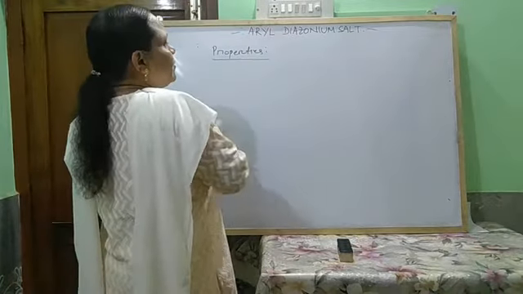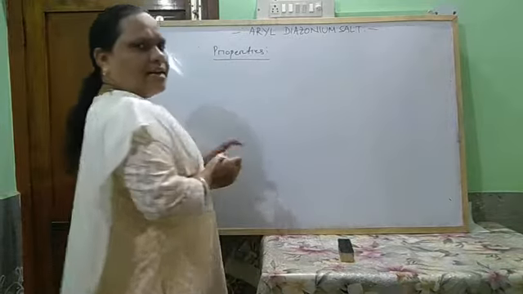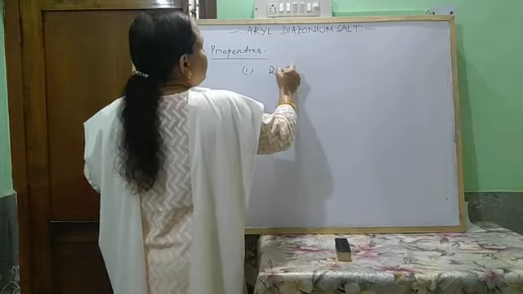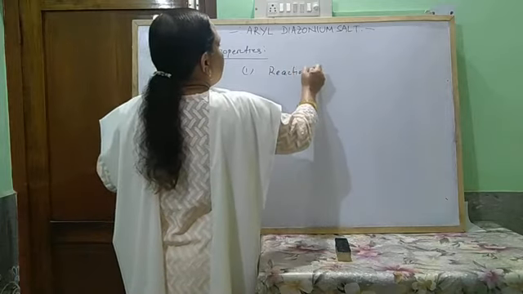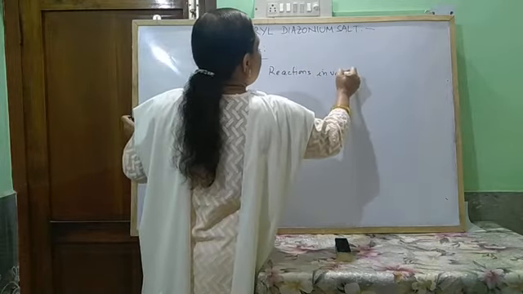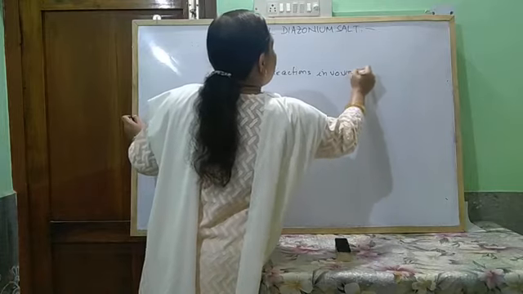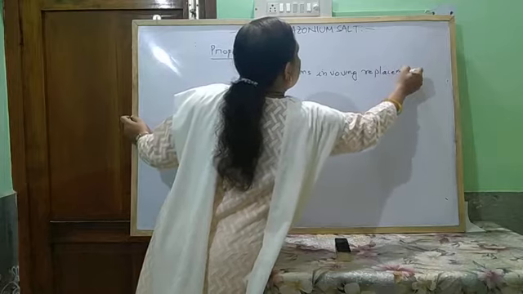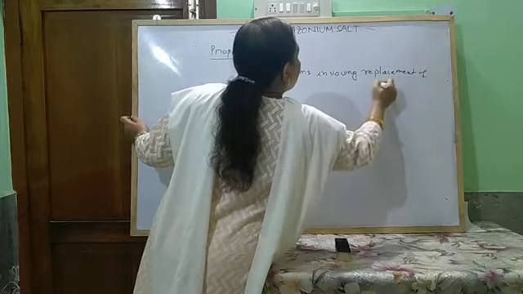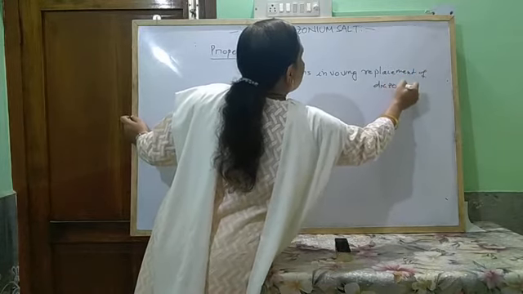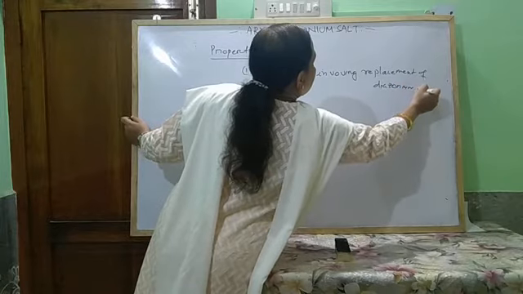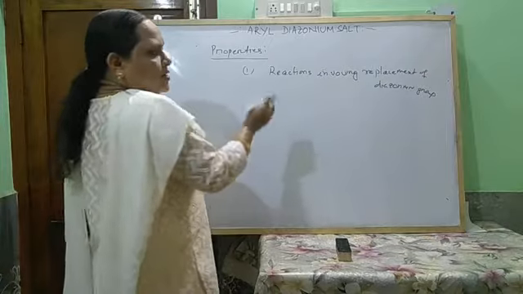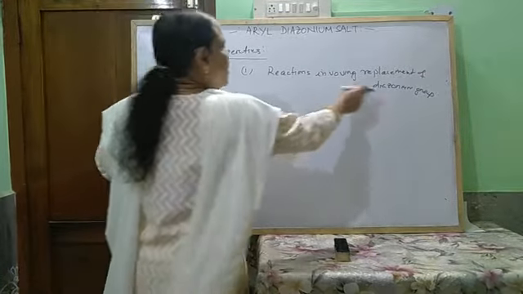The reactions of diazonium salts generally involve two types. One type is reactions involving replacement of the diazonium group, in which the diazonium group is replaced and another monovalent atom or group is substituted.